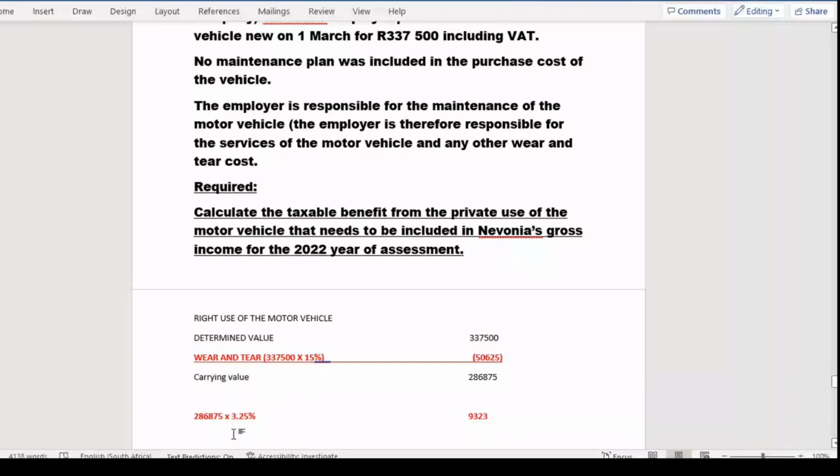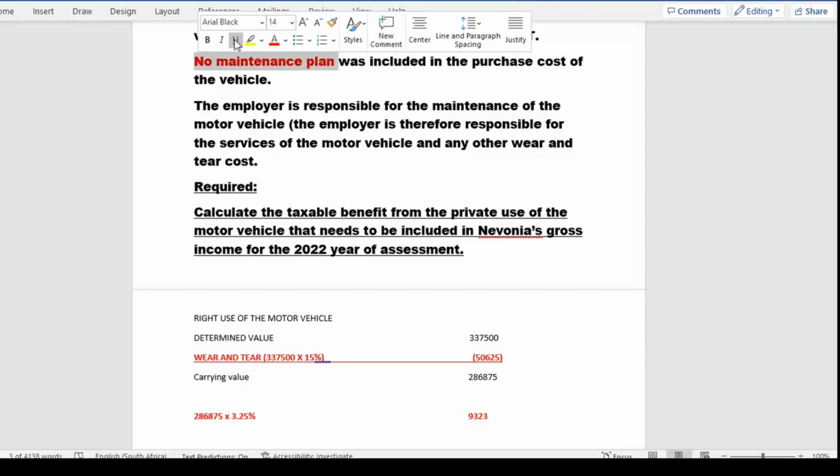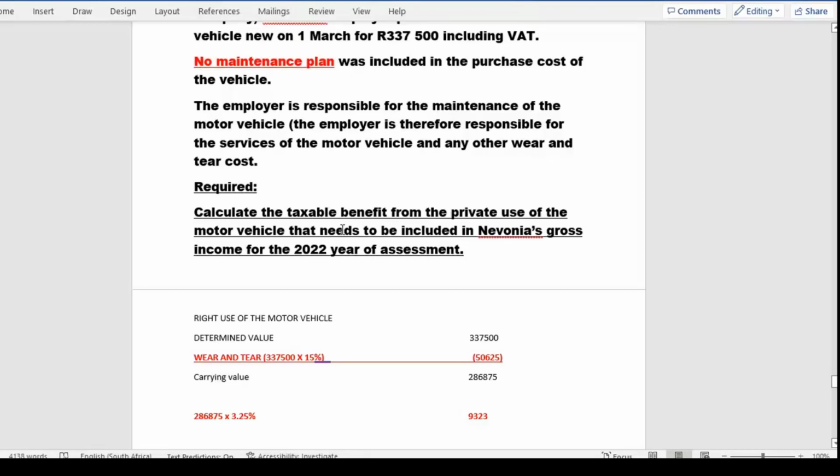Because there's no maintenance plan, we just have to go straight to 3.5%, not 3.25%. The 3.25% is when there is a maintenance plan, and 3.5% is when there is no maintenance plan.